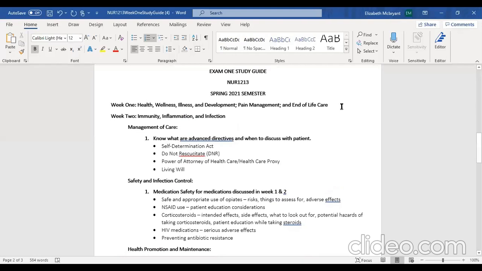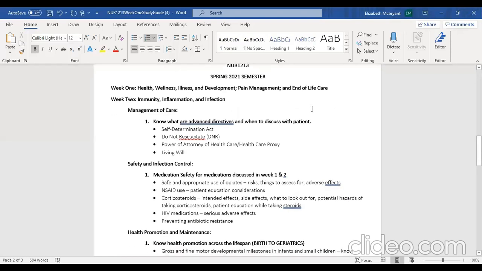So week one was health, wellness, illness, and development. Week two, immunity, inflammation, and infection. We talked about the different categories and how they relate to NCLEX.